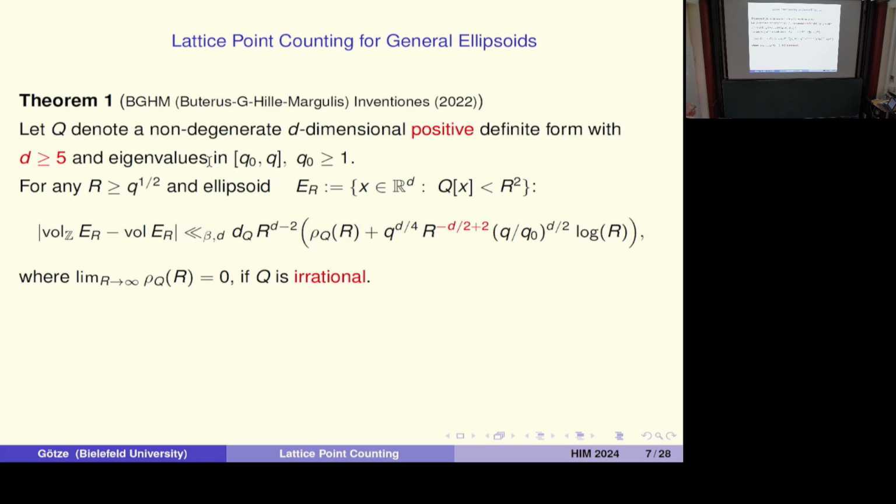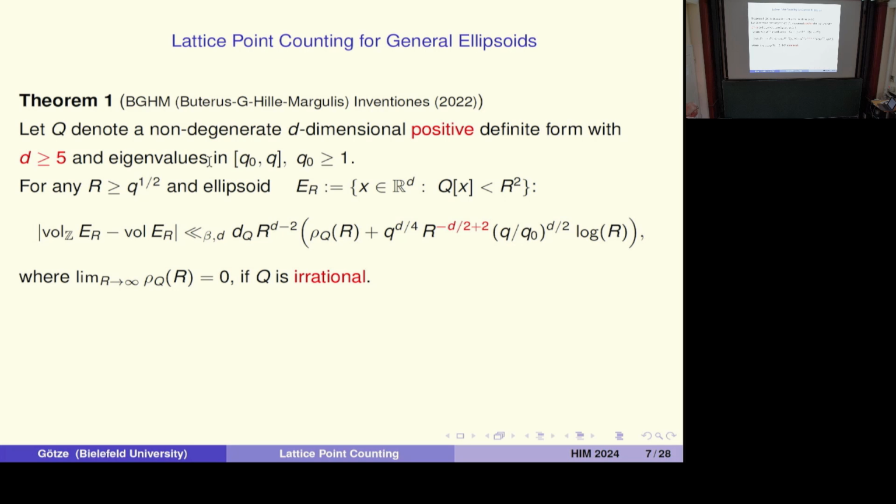And you try to evaluate now the error in the lattice point counting for the ellipsoid compared to the volume. And there you see, well, the familiar r to the d minus 2, that is codimension 2 to the volume. Then there comes a number theoretic function. And then there comes something which is a much smaller term, which is, compared to the first term, reduced by a factor r to the d minus 2 plus 2, which is really going to 0 for d greater or equal to 5.